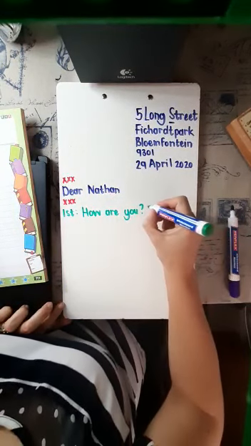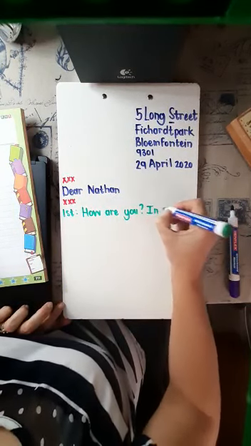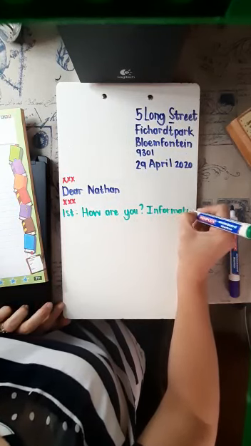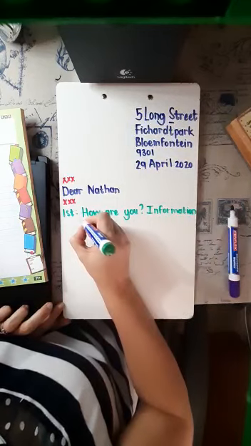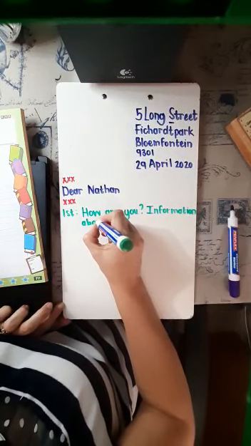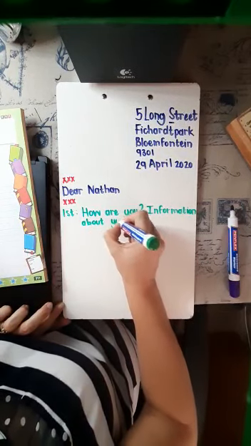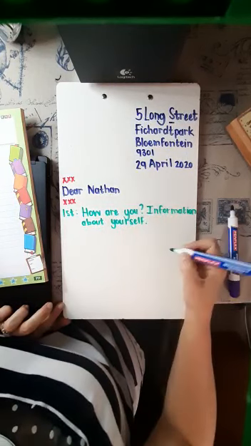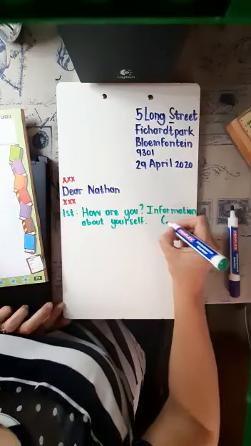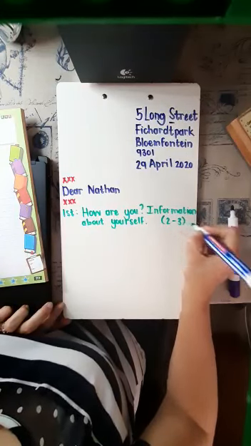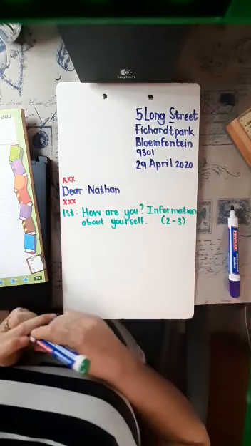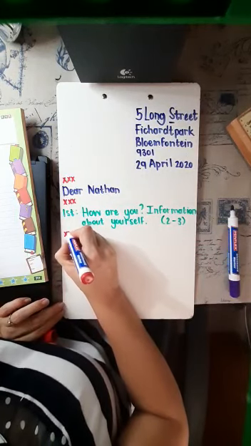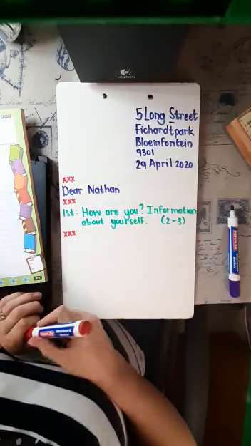And you can also give information about yourself. This paragraph can be between 2 and 3 sentences. Remember to leave a line open between this first and the second paragraph.